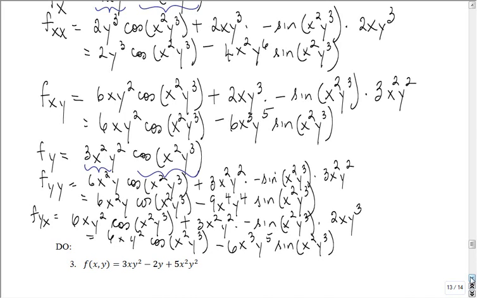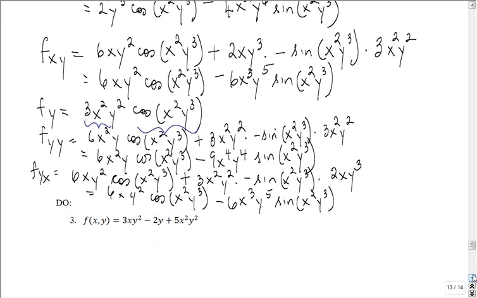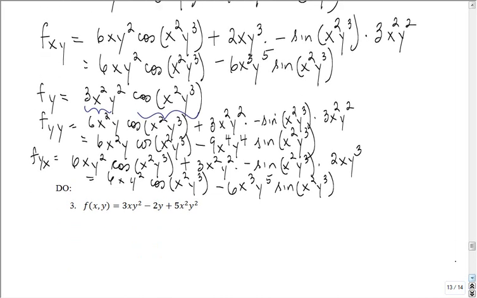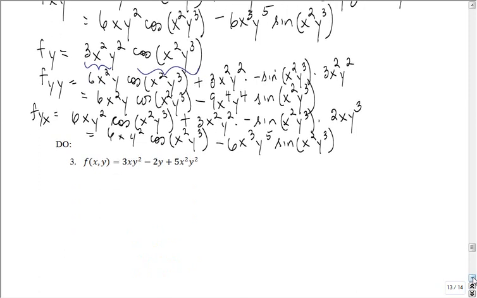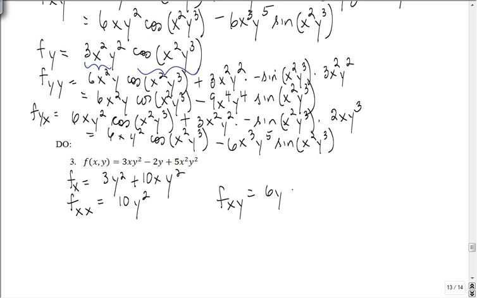Okay, so it's your turn, number 3. Find all the partials, the first and the second. Okay, let's go over it. Can one person give me partial of f with respect to x, please? Very good. Some other person continue with fxx. Another person continue with fxy. 6y plus 20xy.